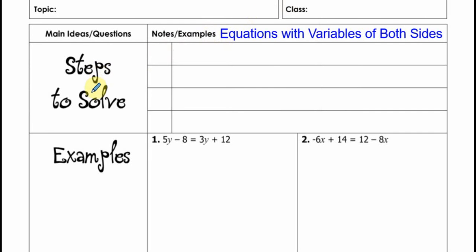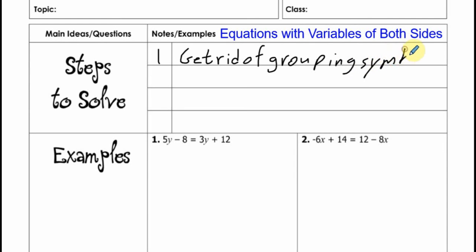So, steps to solve equations with variables on both sides. Step 1, exactly the same. Get rid of grouping symbols. Generally, that means getting rid of the parentheses. Step 2, again, combine like terms.